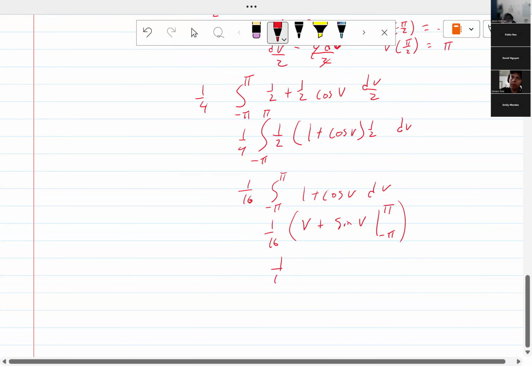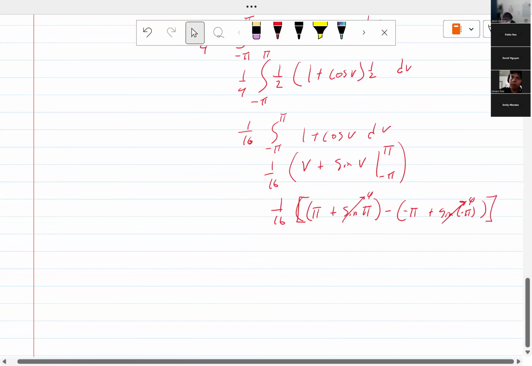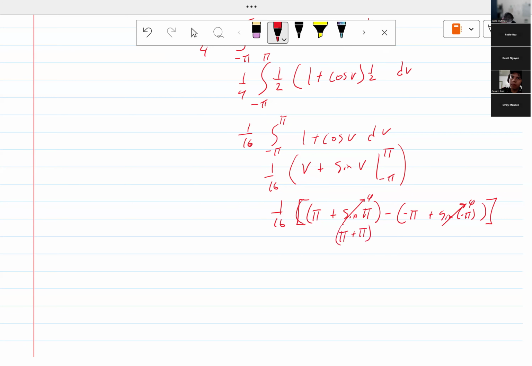I've got 1 over 16 times pi plus sine pi, minus negative pi plus sine of negative pi. The sine of pi is 0, so that goes to 0, and that goes to 0. I'm left with pi minus negative pi, that's just pi plus pi, which is 2 pi. And so this becomes pi over 8.